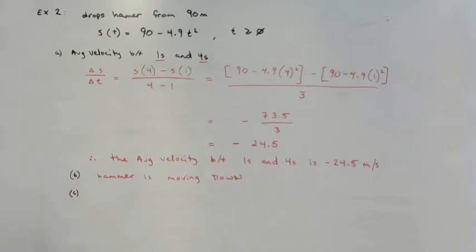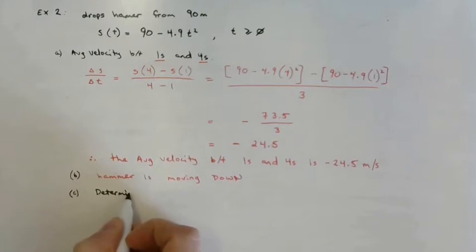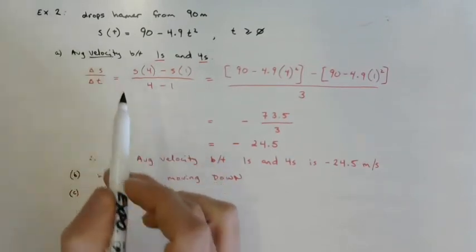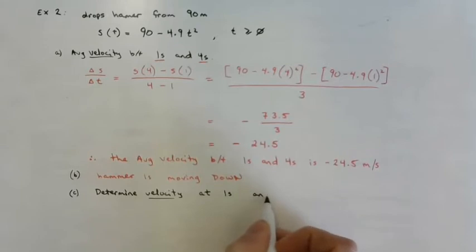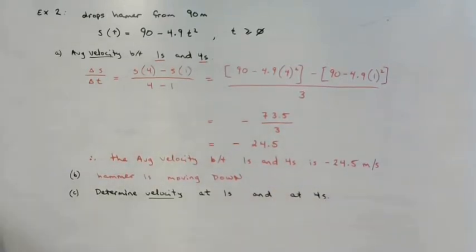C says, determine the velocity of the hammer at 1 second and at 4 seconds. Again, I'm going to underline velocity just so that we're aware that we're talking about the first derivative here.